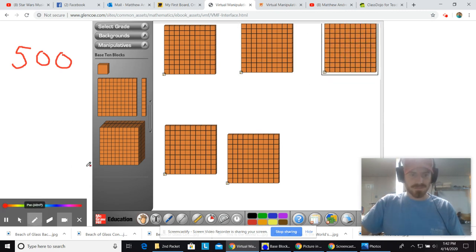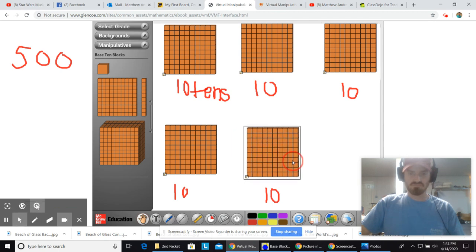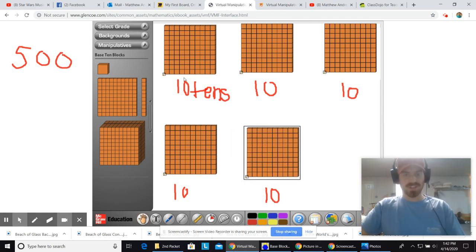Well, we just talked about that there are 10 tens inside of 100, which means that there must be 10 tens inside of that 100, and 10 tens inside of that 100, and 10 tens inside of that one, and 10 tens inside of that one. So there should be 10, 20, 30, 40, 50 tens inside of 500.